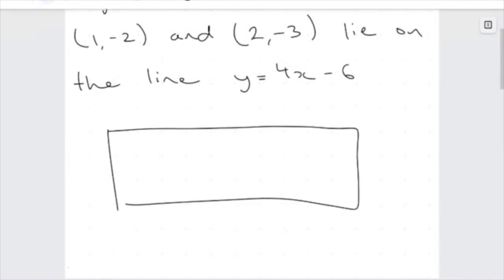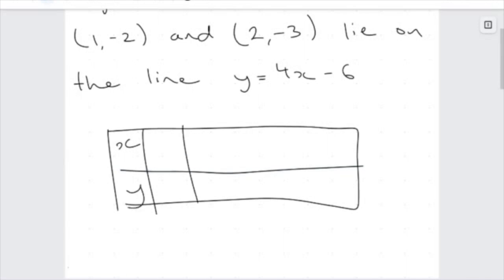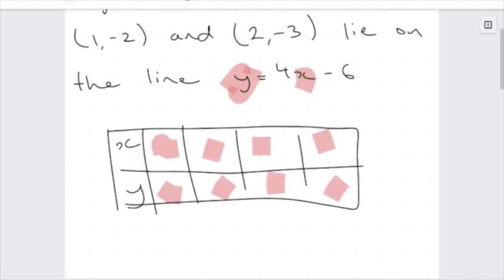We subbed a bunch of x values into the equation to find the y values, and I used those to set up a line. These actually created a bunch of points which we plotted on our graph.